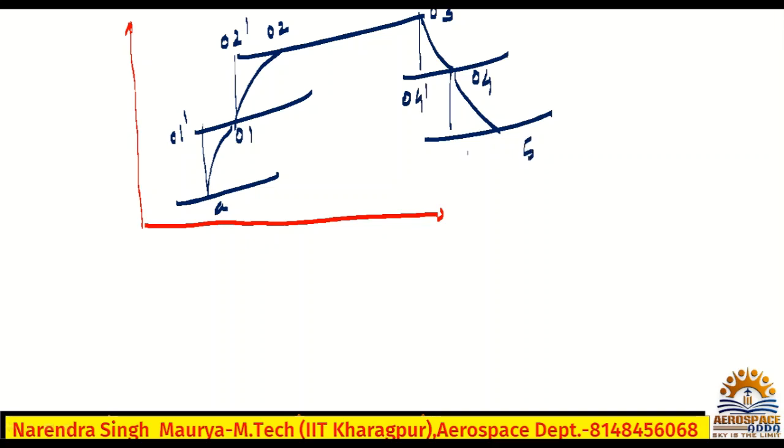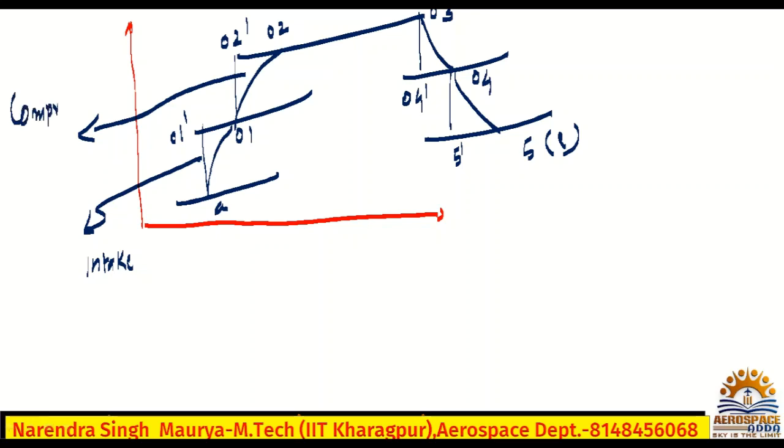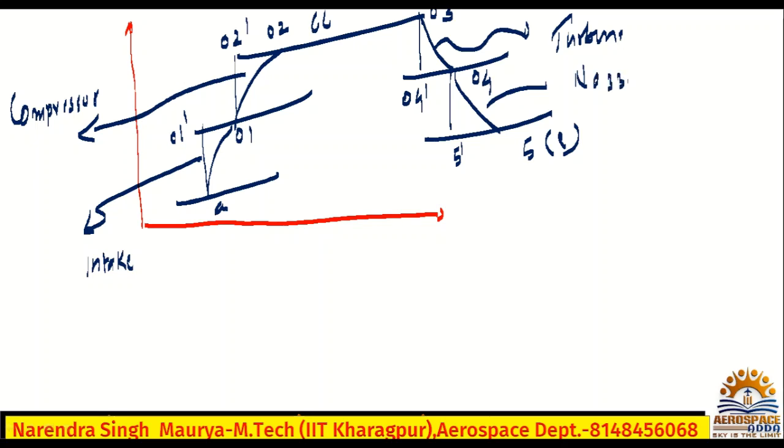This is 5, 5 dash, or it is also the exit. So this is the intake, and this is the compressor, combustion chamber, turbine, and nozzle.